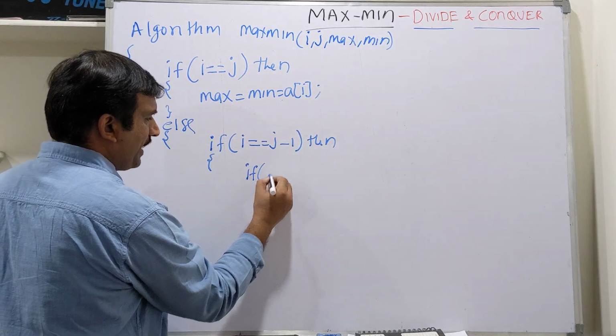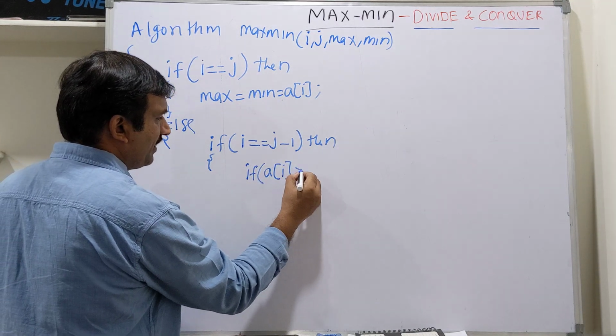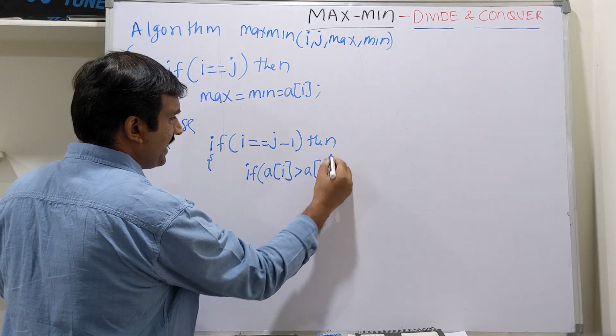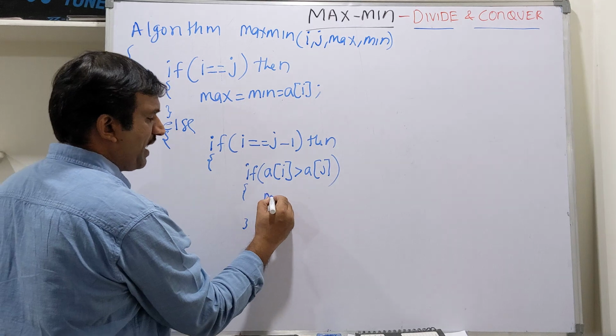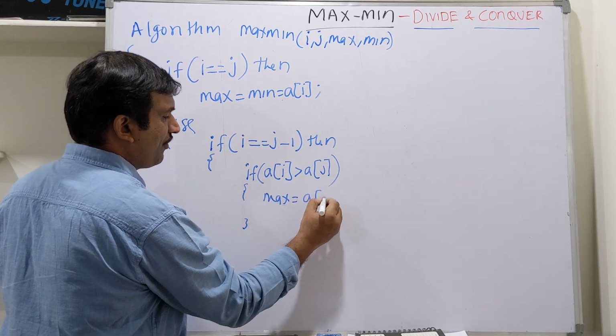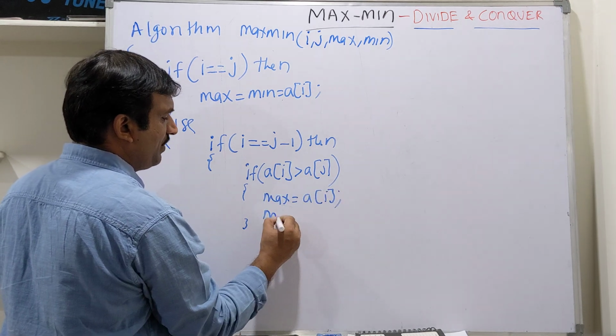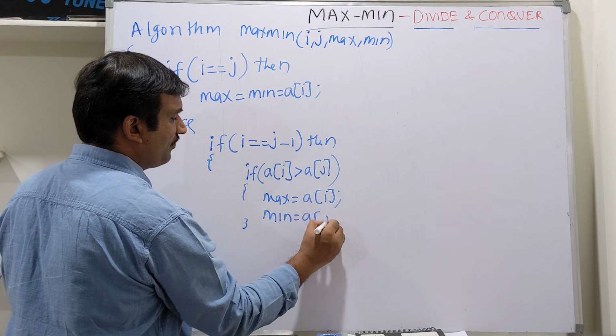We compare if a of i is greater than a of j. If this condition is true, means what? The maximum is equal to a of i and the minimum is equal to a of j.